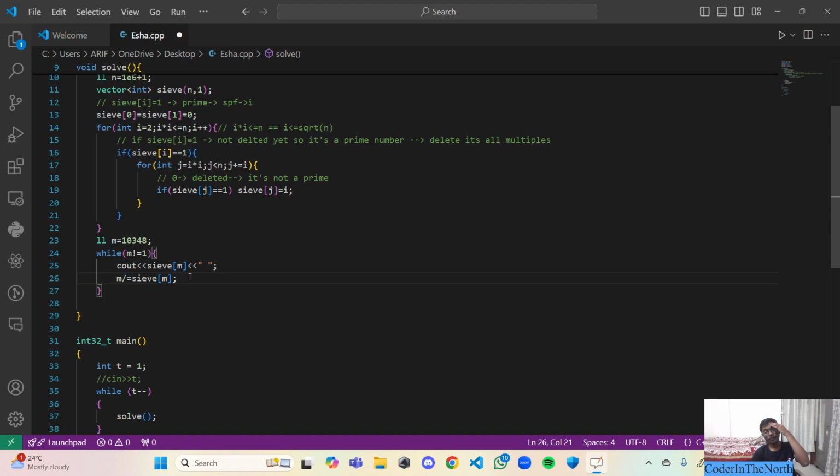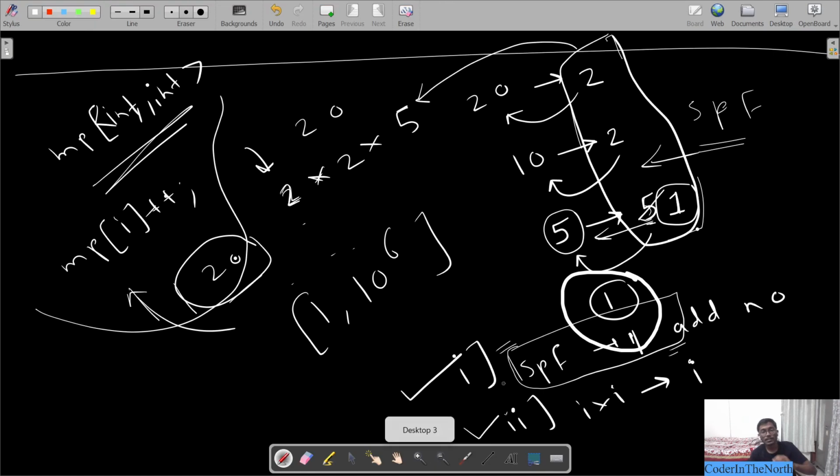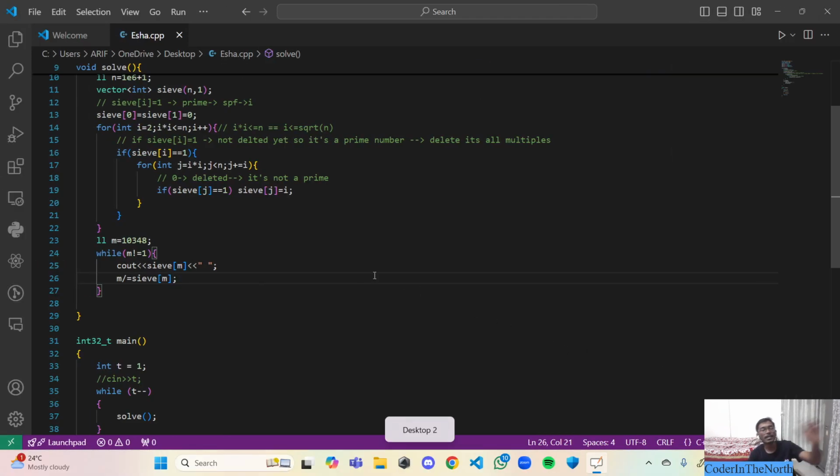But what was the first point here? When SPF is 1, we have to print m instead of its SPF, because its SPF will be 1.